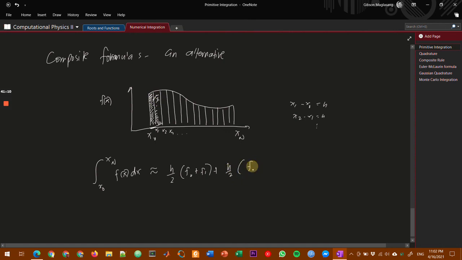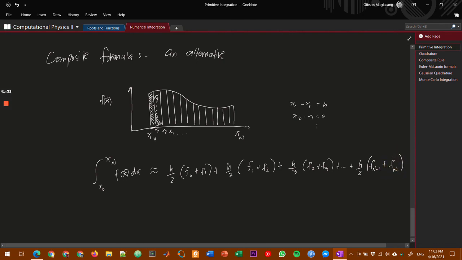Then from f1 to f2, f2, f3, and so on. So plus h over 2 sa end part na kay f of n minus 1 plus f sub n, right? So that would be your formula.